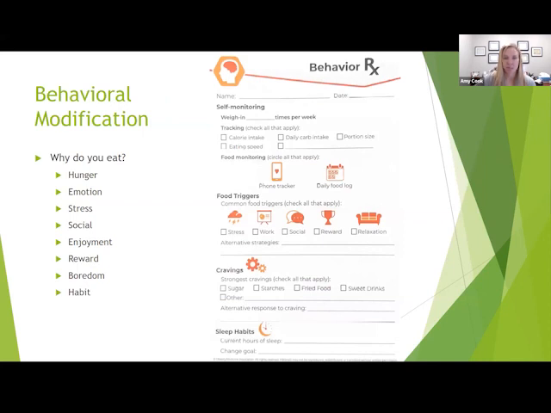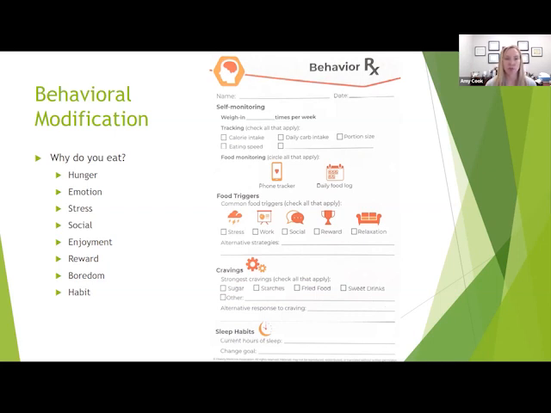During the behavioral modification, it is also important to address or figure out why patients eat to help develop a treatment plan. So we have lots of reasons why we eat, whether we're hungry. Some people will eat due to emotions, whether it's happy or sad. In times of stress, eating is a very social aspect for many cultures and for many people.